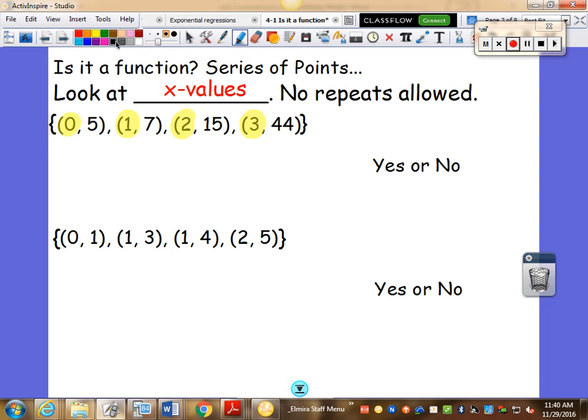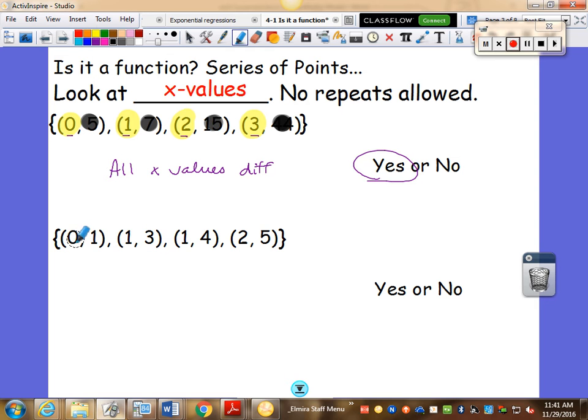The y values don't matter. In fact, sometimes the word problems might try to trick you by showing y values that are duplicates. Doesn't matter. Okay, the thing that matters is the x values, and every single x value is different. All x values are different. So this is a function.